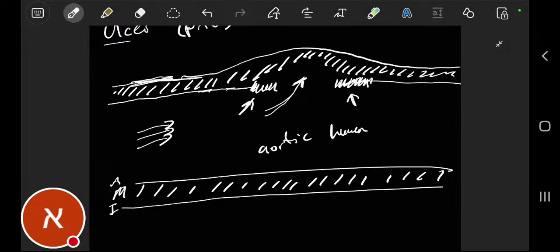So, when we look on imaging, what we will see is the pouch that we just saw when we talked about ulcer-like projection. What we will see on imaging, if you look on coronal imaging, if this is the aorta, you will see something like this.